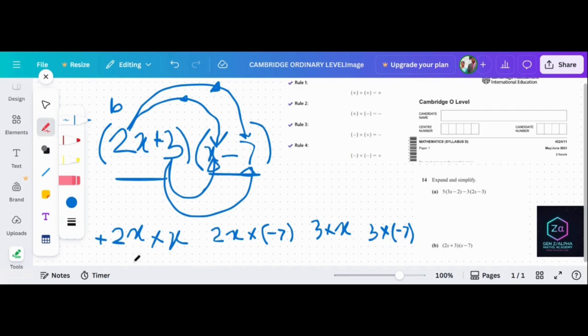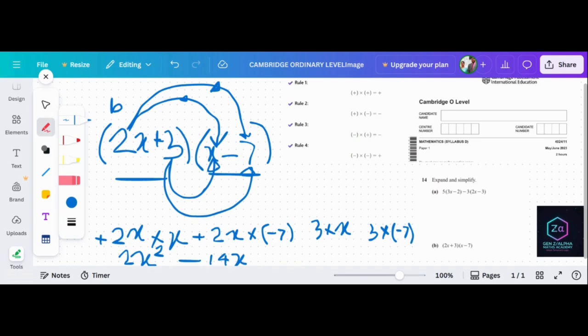Basically, 2x into x means x squared, same base, so indices are added. And 2x into minus 7, plus into minus, always minus: minus 14x, right?